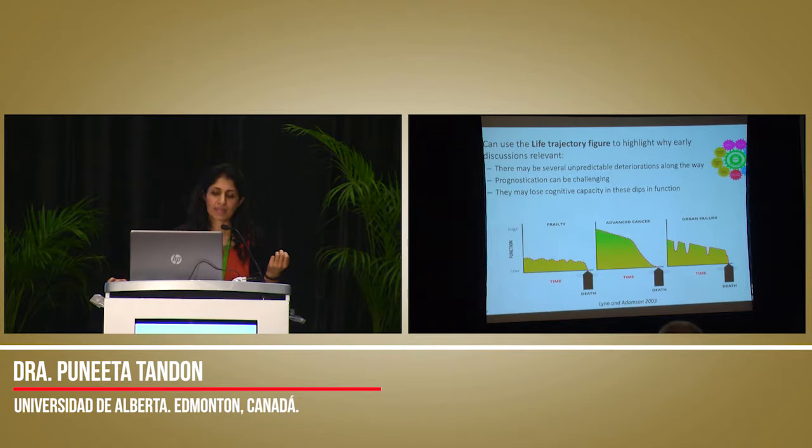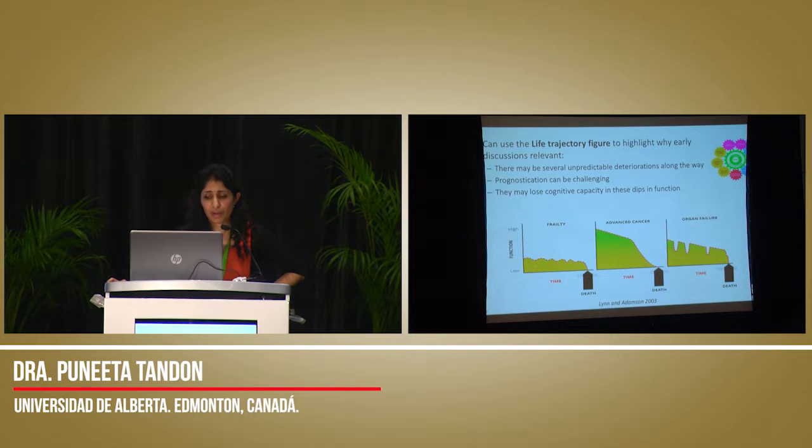You can use different figures, and these are tools that we've developed and I've laminated for use in my clinic. So this is the life trajectory figure, just to explain to patients why they're different from other patients other ways that patients die. And so we know with organ failure, and you will have all experienced this in your cirrhotic patients, they have these dips that they come into hospital with, often unpredictable deterioration, so a variceal bleed or infection, and then they gradually decline over time.